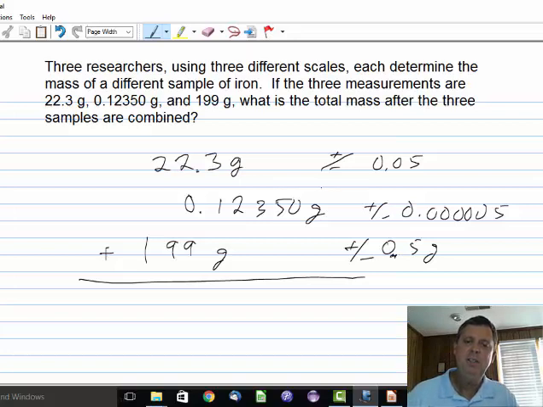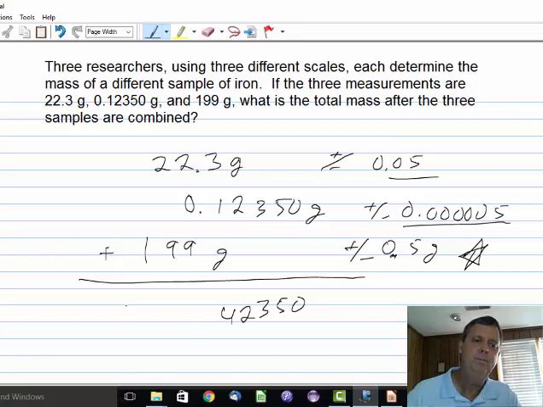Since this has such a big error, these other values are so precise, but their precision doesn't matter because of the error in that sample. So when we add these up together, our calculator will give us 221.5324 grams.